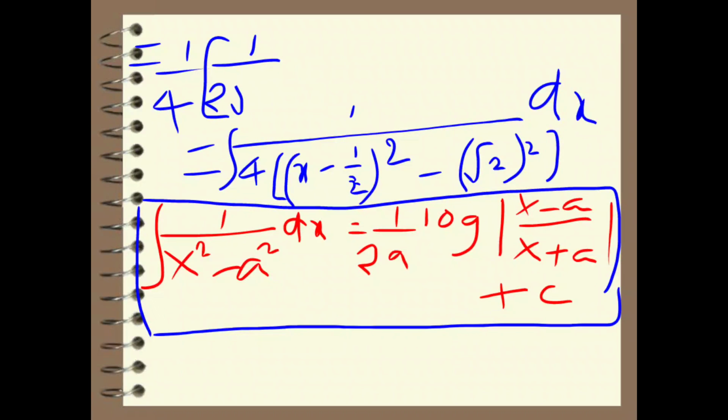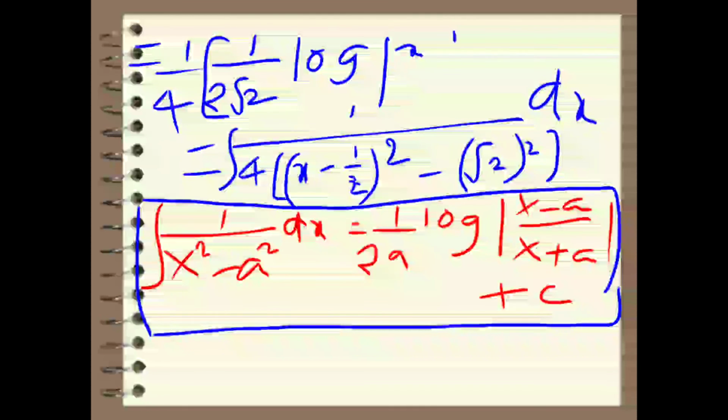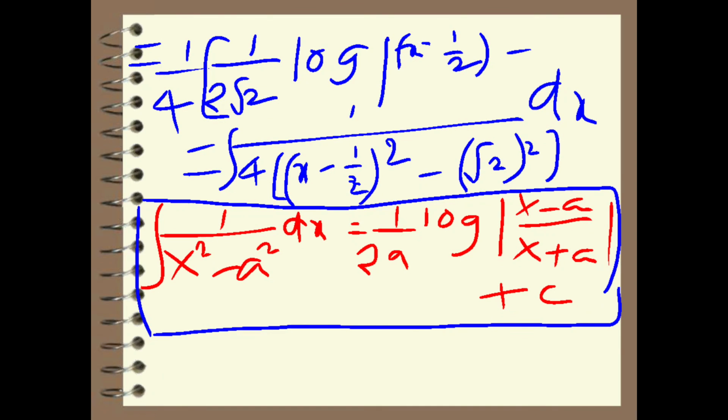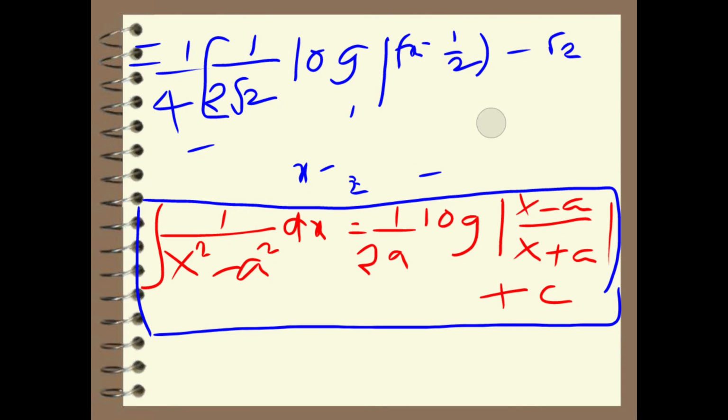Root 2 is there, so 1 by 2 root 2 into log, with x replaced by x minus 1 by 2: log of x minus 1 by 2 minus root 2 by x minus 1 by 2 plus root 2.